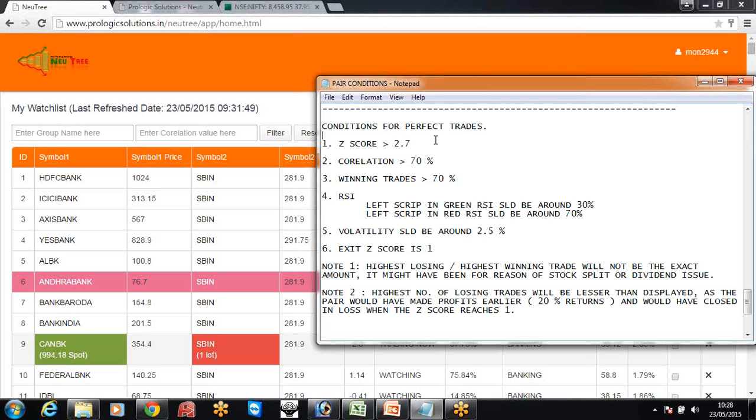These are some technical parameters we have for you to pick a successful trade.